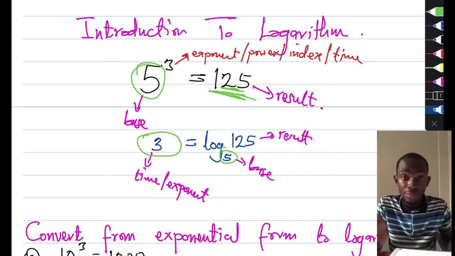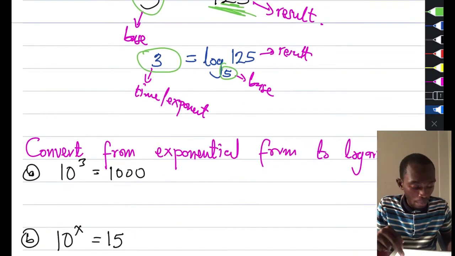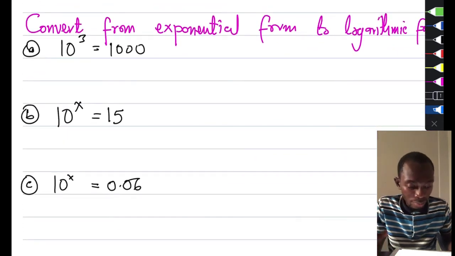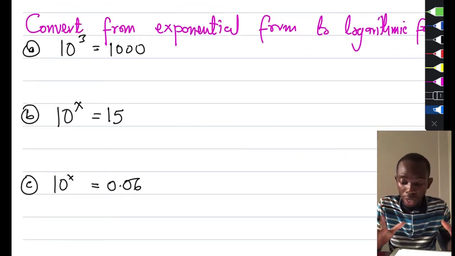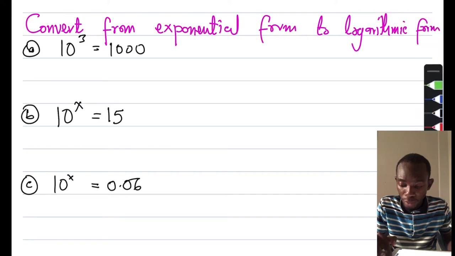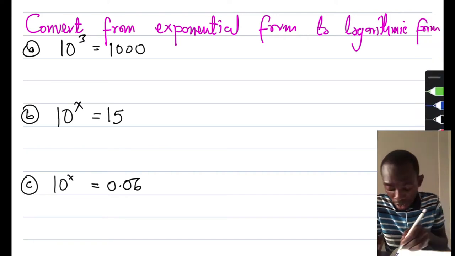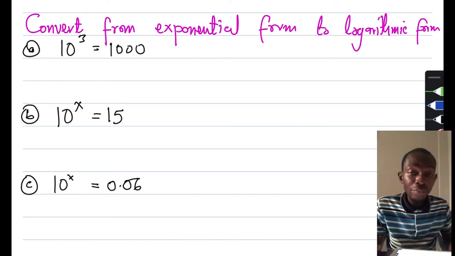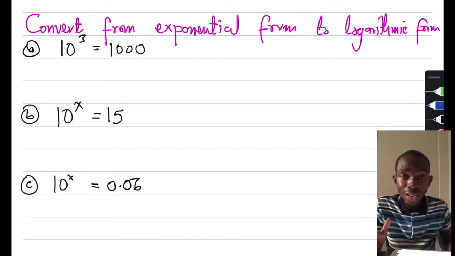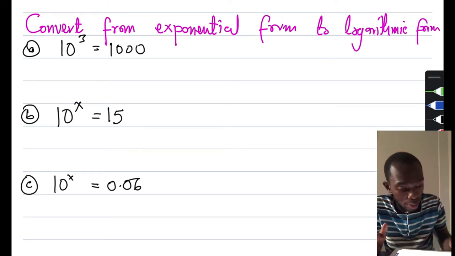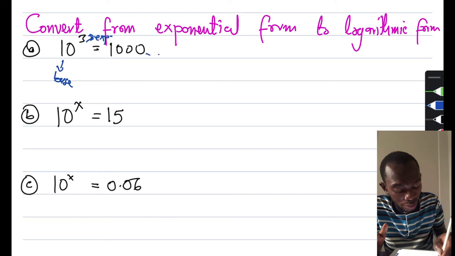So I have a few practice questions for us to have a go at. It says convert the following from exponential form to logarithmic form. You have 10 to the power 3 giving you 1000. First you identify the base. 10 here is the base, 3 is the exponent, and 1000 here is the result or the answer.